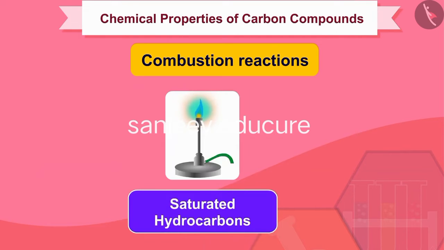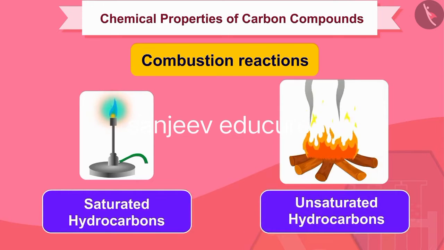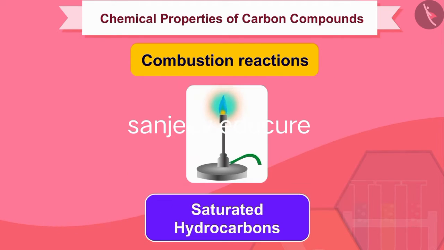Saturated hydrocarbons will generally give a clean flame, while unsaturated carbon compounds will give a yellow flame with lots of black smoke. However, limiting the supply of air results in incomplete combustion of even saturated hydrocarbons, giving a sooty flame.